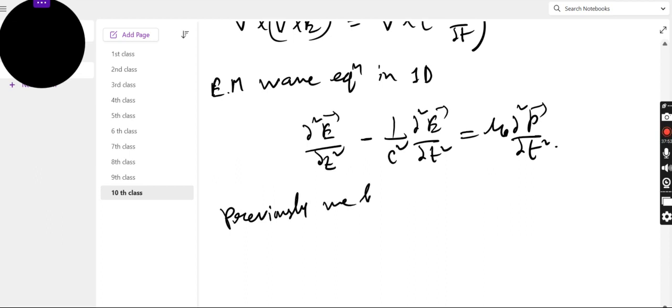So previously we have seen the equation without polarization.